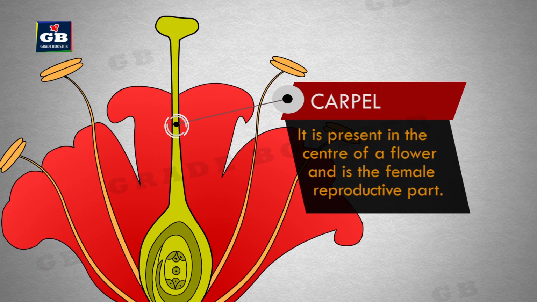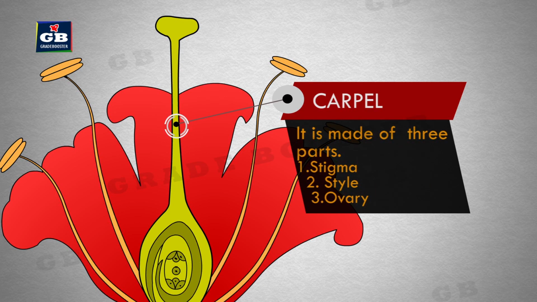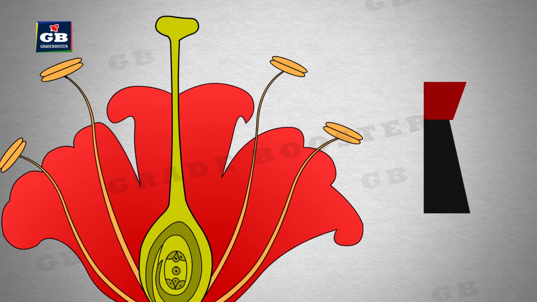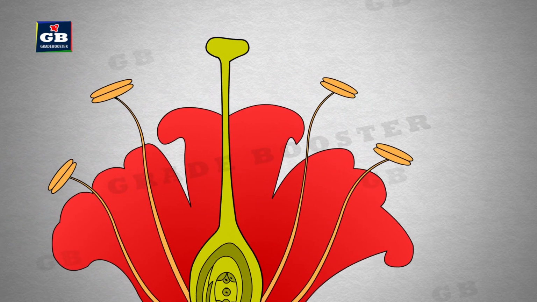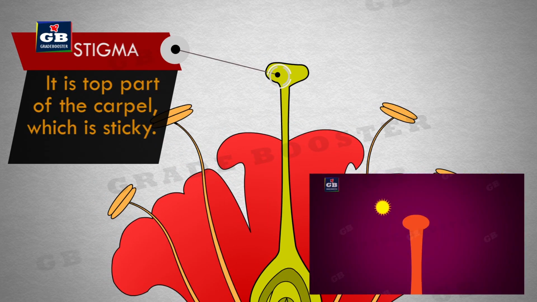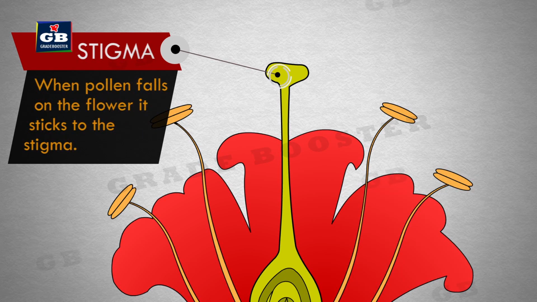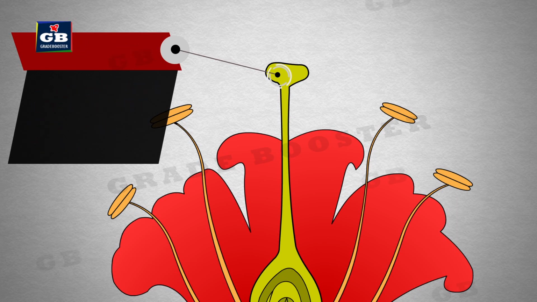Carpel. This is carpel. It is present in the center of a flower and is the female reproductive part. It is made up of three parts. Stigma. It is the top part of the carpel, which is sticky. When pollen falls on the flower, it sticks to the stigma.